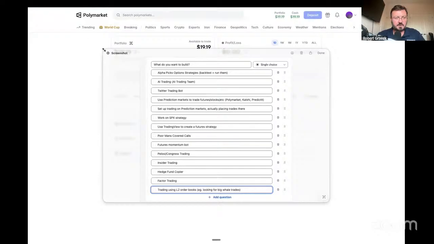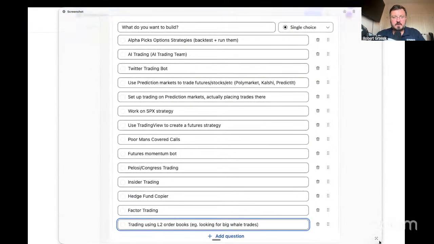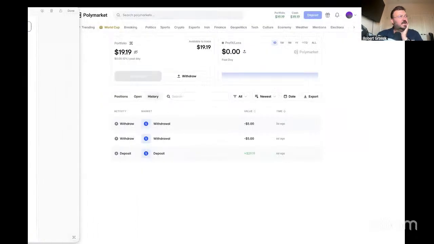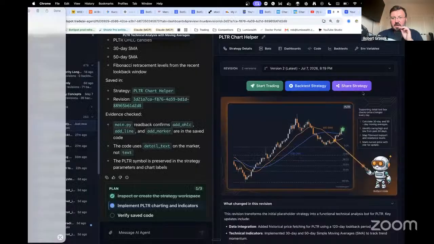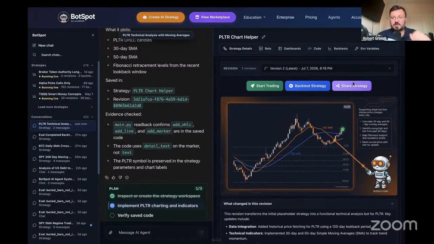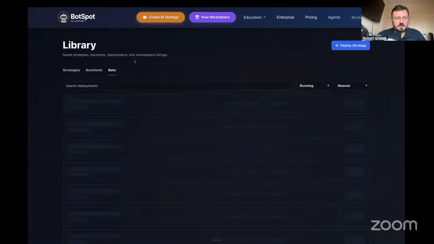So here are some of the things that we can work on today if you guys want to do that. We can work on Alpha Picks option strategies. Actually, let me see how that's been doing. I haven't checked on that for a while. Let me see how Alpha Picks options is working. So go to my bots.